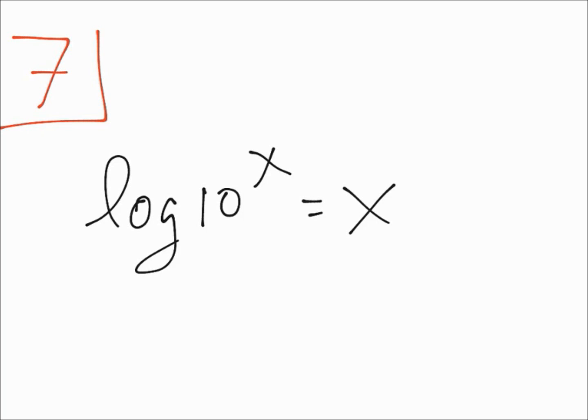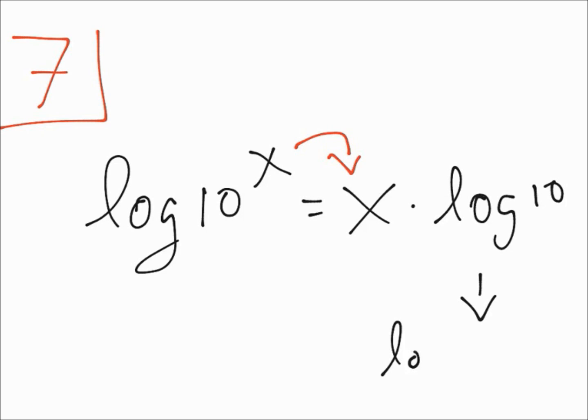That's because, as you may remember from rule number 5, when you separate this, you will put the factor or the power of there and multiply it by the logarithm. That will just be log 10, and this is log 10 out of 10.